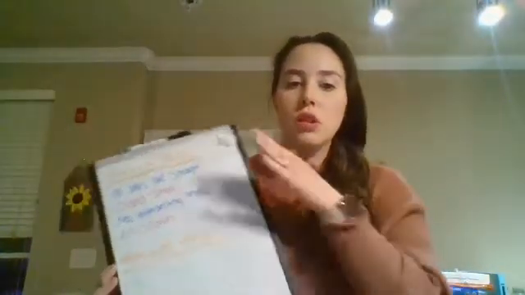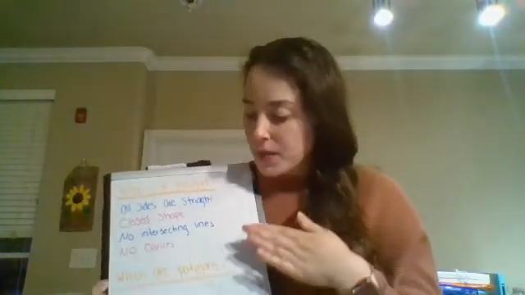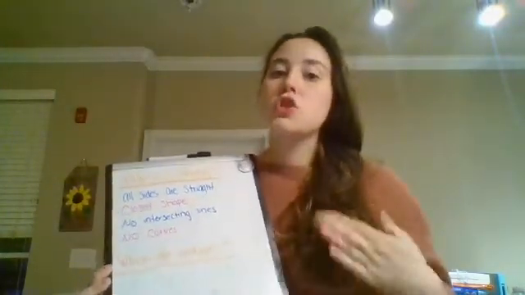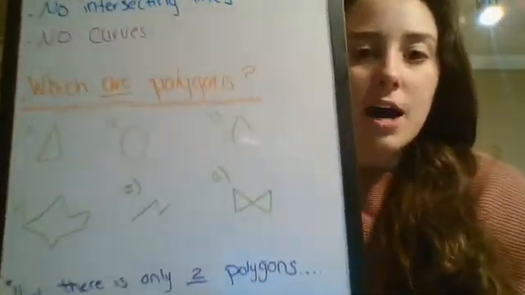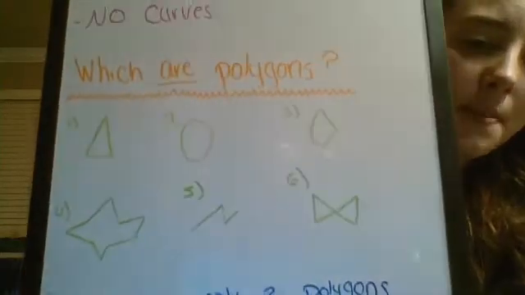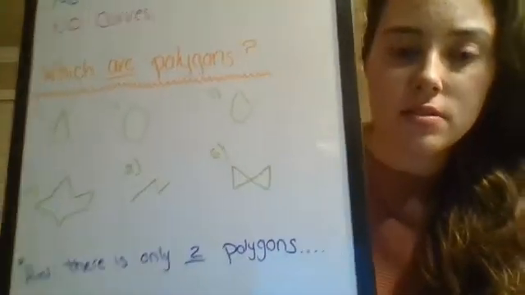Okay, so this time I'm going to hold this up and I want you to think about what we talked about. What are polygons, okay? And then I want you to pick the 2 that are polygons. So I'm going to hold this up nice and close so you can see it. I have a little hint. Is there only 2 polygons?